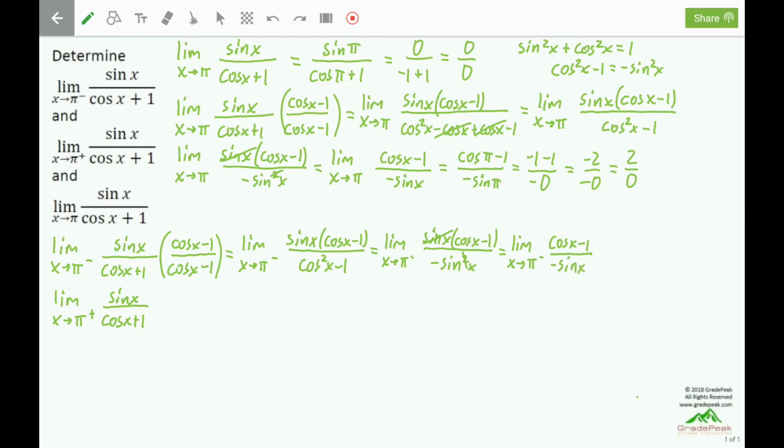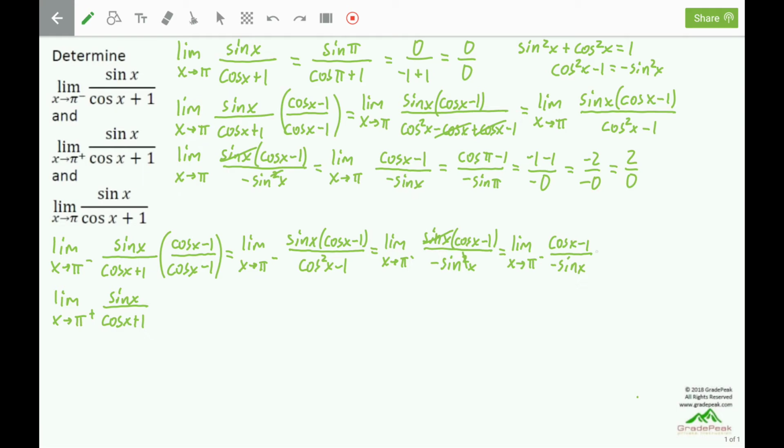x is approaching pi from the left side here. The left side of pi means less than pi. On the unit circle, less than pi but near pi, we'll put it in the second quadrant. Sine in the second quadrant is positive, so we can replace the sine of x, which is approaching 0, with a positive 0.